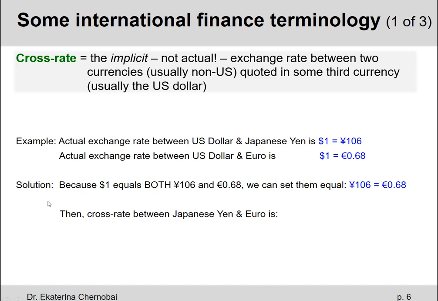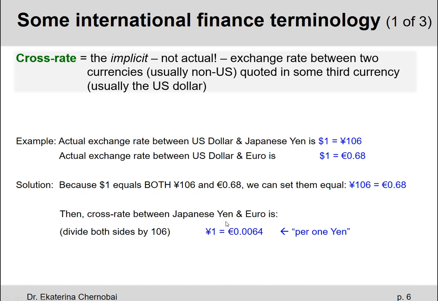And then we want to calculate the cross rate between the yen and the euro. So we can divide both sides of 106 equals 0.68 by 106. What do we get? 106 yen divided by 106 gives us 1 yen. And 0.68 of a euro divided by 106 gives 0.0064 of 1 euro.